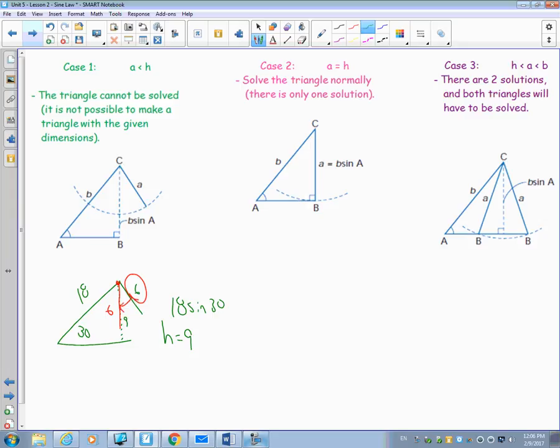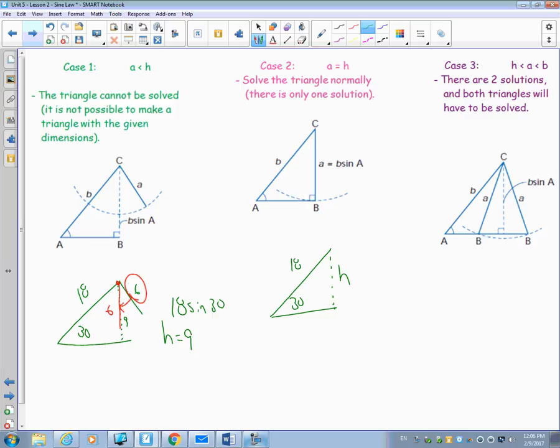Situation number two is that extra side, the far side, is actually the height itself. In other words, when you calculate the height, same numbers, let's use those, make life very easier. When I calculate it, it turns out that the extra side is the height.